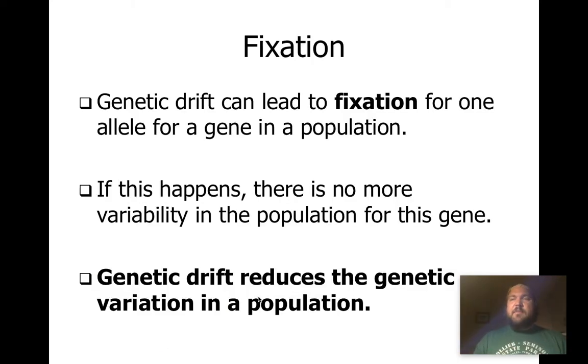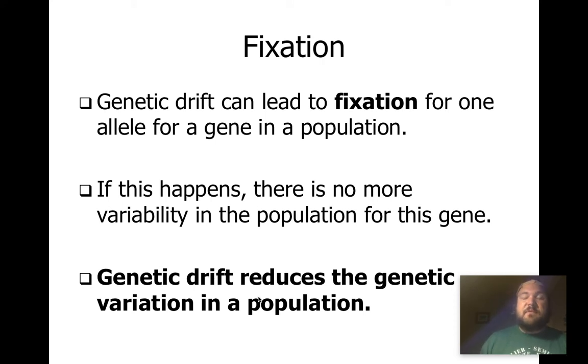Well, before that, let me mention this. When we squished, in our first example, all of the green beetles, and we were left with only brown, it led to something called fixation. Fixation is something that happens in situations where populations are small. Fixation is when one allele goes to 100%. So the brown allele goes to 100%.